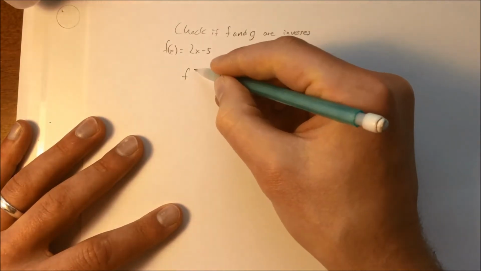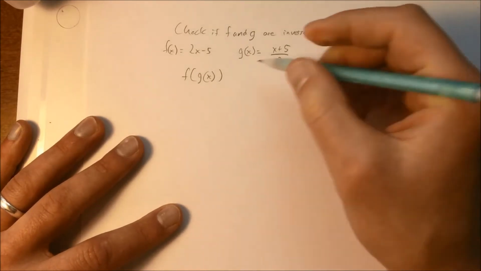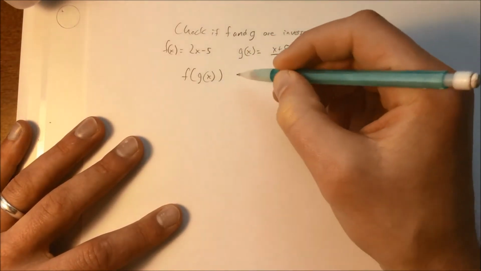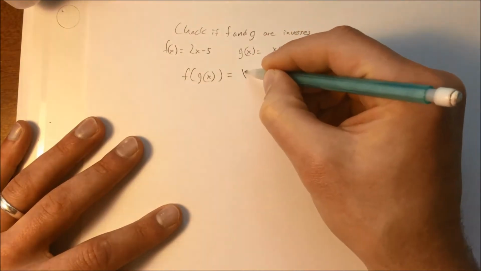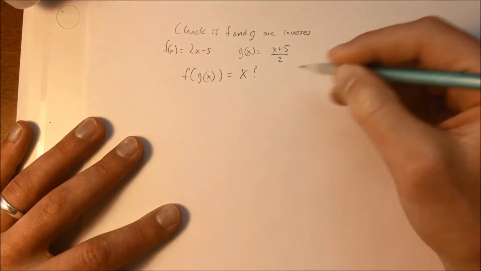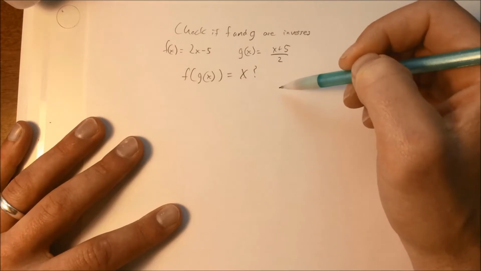So f of g of x. Oh, we just did this last time. That's right. I'm going to plug it in here and see if it is going to give me x. That's the big question. If I do something to it and then undo it, I should end up right back at x.